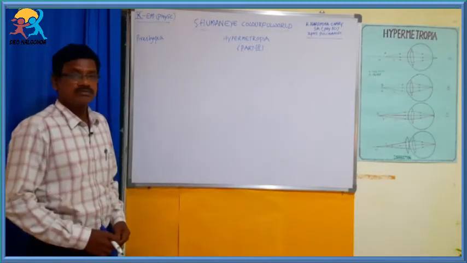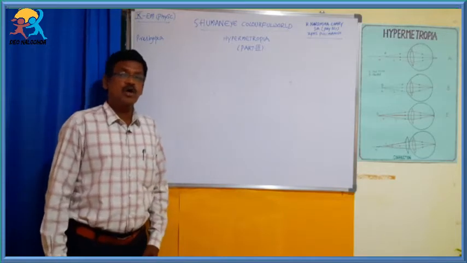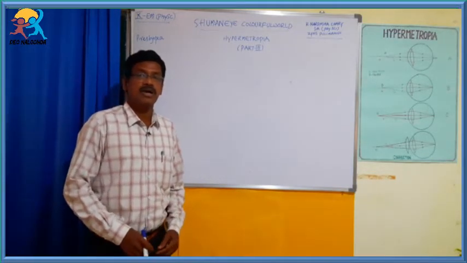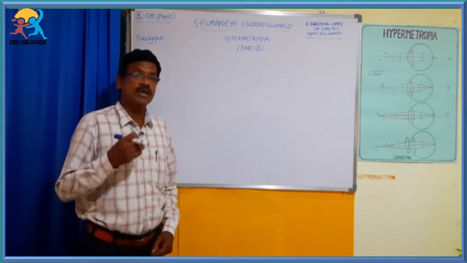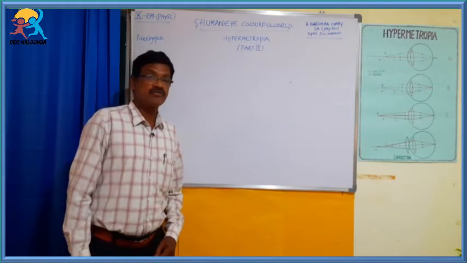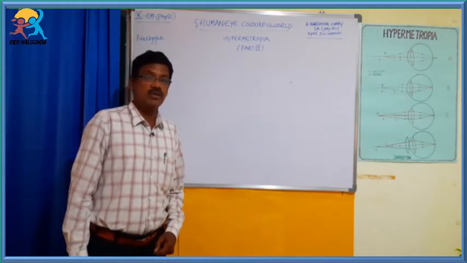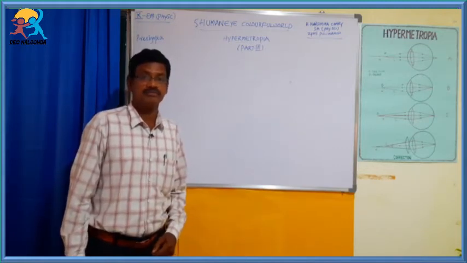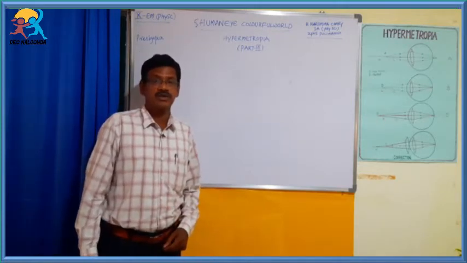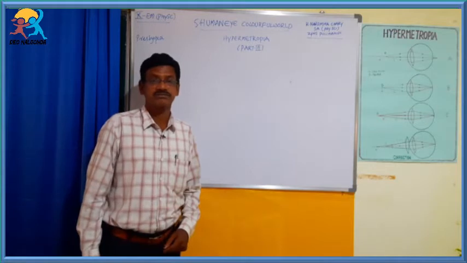Some people cannot see objects at short distances, but can see objects kept at long distances clearly. This kind of eye vision is known as hypermetropia. We also call hypermetropia farsightedness.